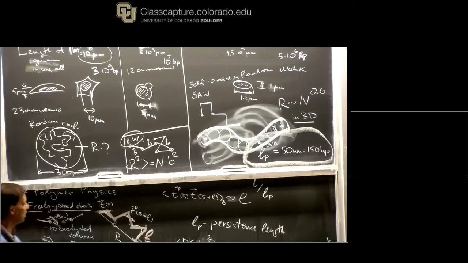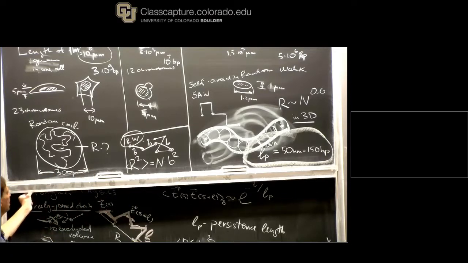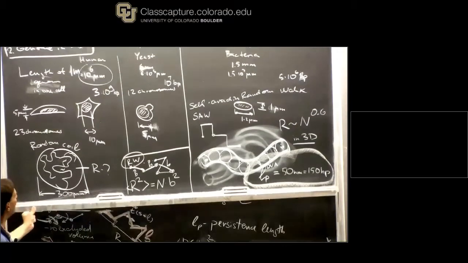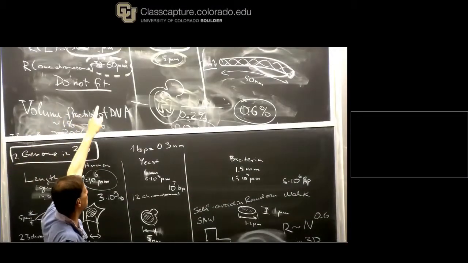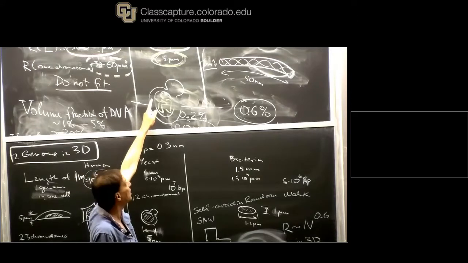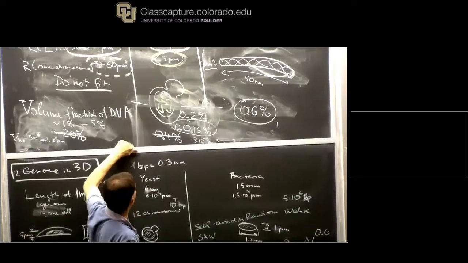So that's the size of a random coil, because now we'll have to introduce other polymer terminology. So random coils may not fit for small chromosomes. Random coils, again, for square root of 5 will make a huge difference for yeast, because now many chromosomes can fit.